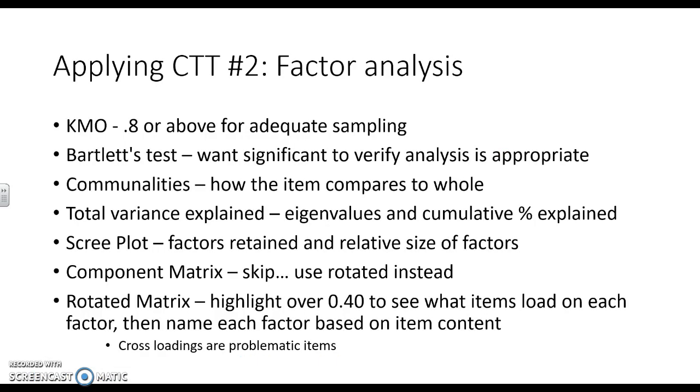When we get to the output, there's quite a bit more output that we are looking at. There is a KMO test, and we want that to be above a 0.8. That's going to tell us that we have adequate sampling to do this analysis. The Bartlett's test, we want to be significant, which will verify that this data is appropriate for this analysis.